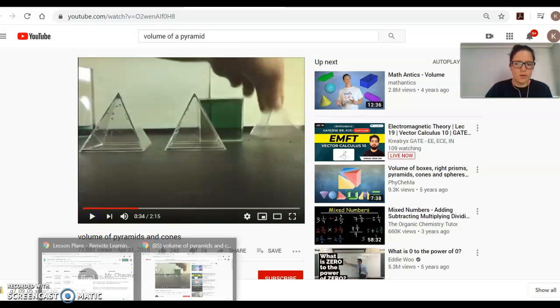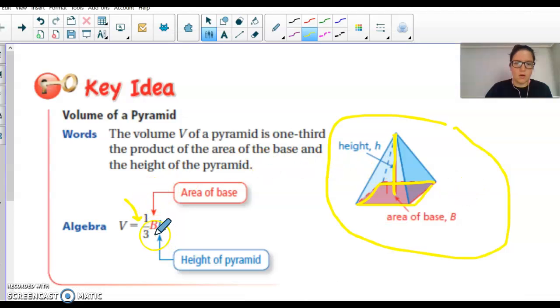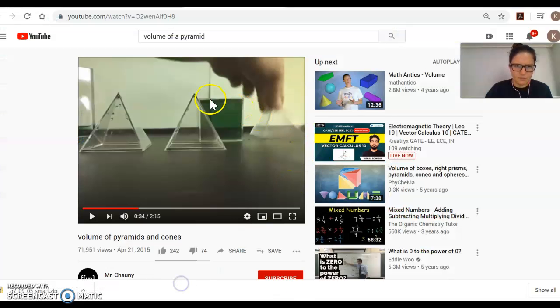So that's how we get the 1/3, is because one of these 3 pyramids is 1/3 of the volume of the cube.